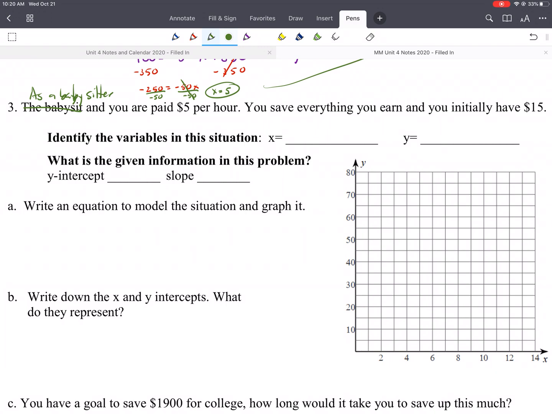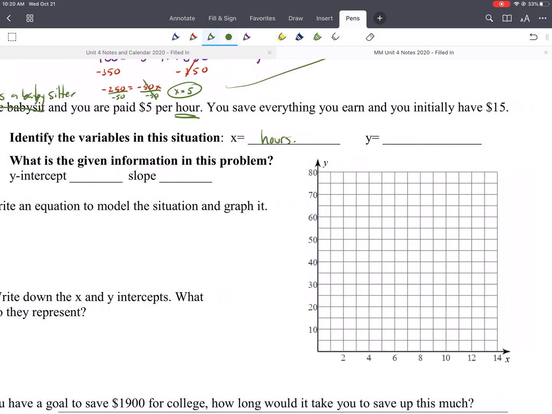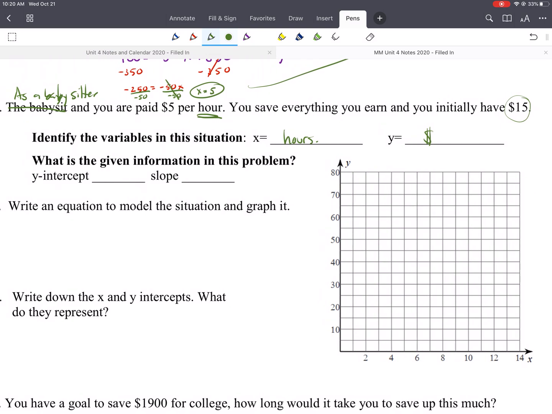What do they represent? Okay, so x, again, if we have time, looks like we have hours. And y would be, it looks like, it's always going to be what we do for our y-intercept. So here is dollars. Okay, what's the y-intercept? Well, initially, you have $15, so that'd be 0, 15.